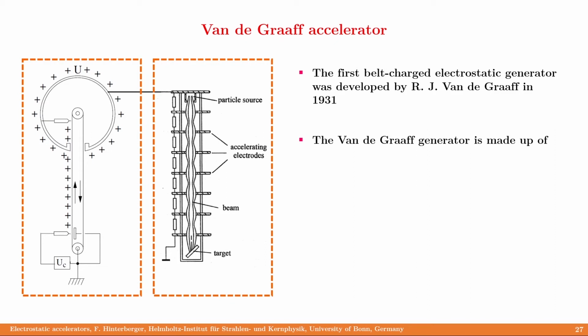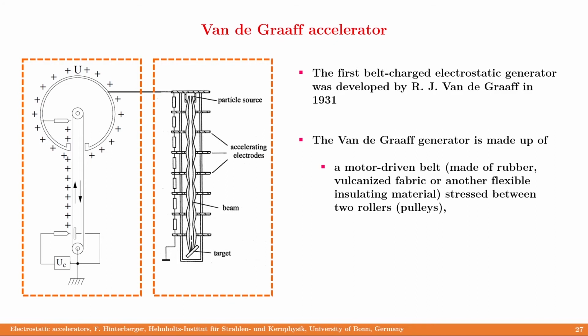The Van de Graaff generator is made up of a motor-driven belt made of rubber, vulcanized fabric, or another flexible insulating material, and this belt is stretched between two rollers, which are known as pulleys.